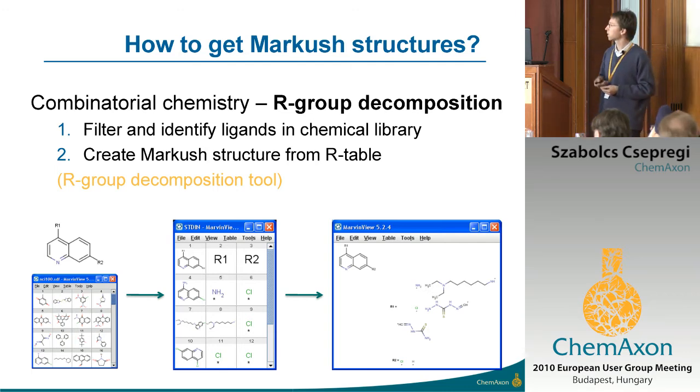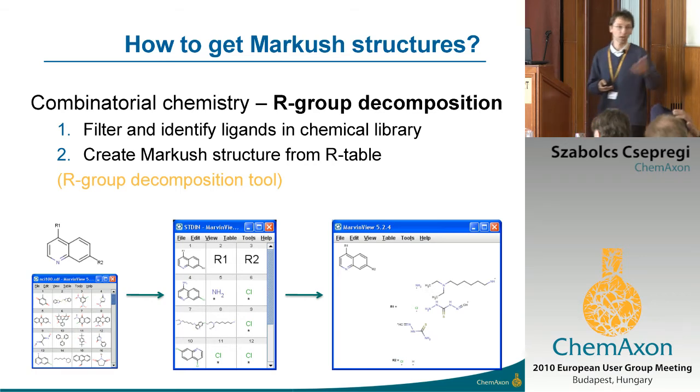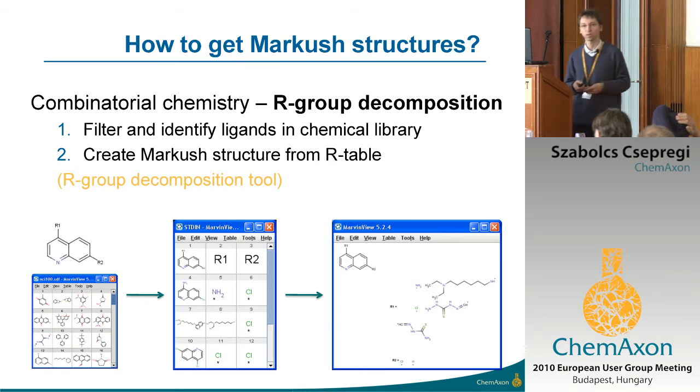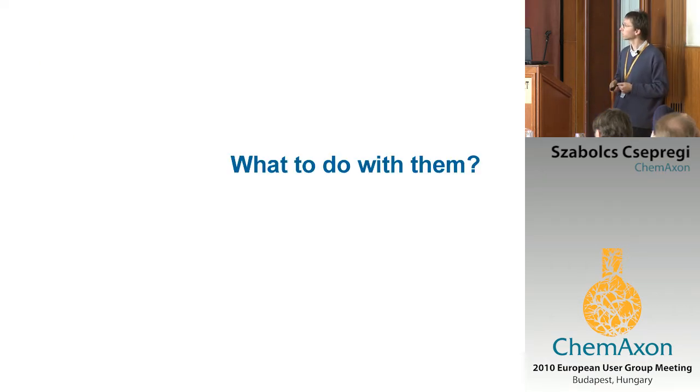And first, we build up an R table. And we can turn this R table into a Markush structure. And we have just seen this morning that Infocom was very fast to take on this new feature, and they have integrated this feature into 9, and it is available there as well.